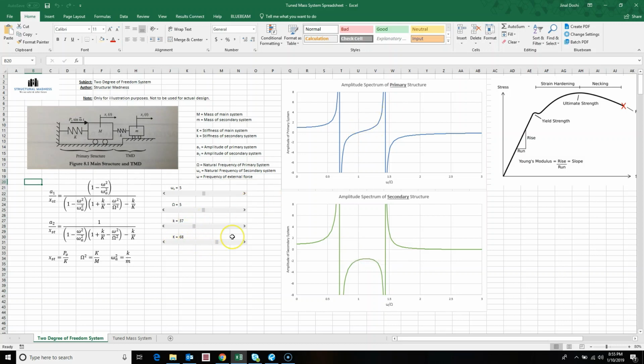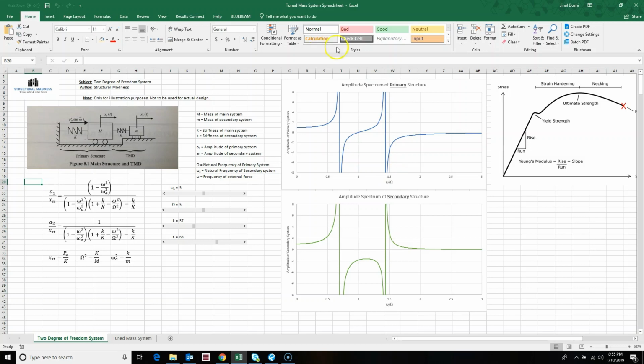And the other thing to notice is now there are two exciting frequencies, or resonating frequencies, instead of just one. The first one occurs somewhere between 0.5 and 1, so that's 0.5 times the natural frequency of the primary structure up to the natural frequency of the primary structure, and the other resonance occurs between 1 and 1.5, as is visible over here.